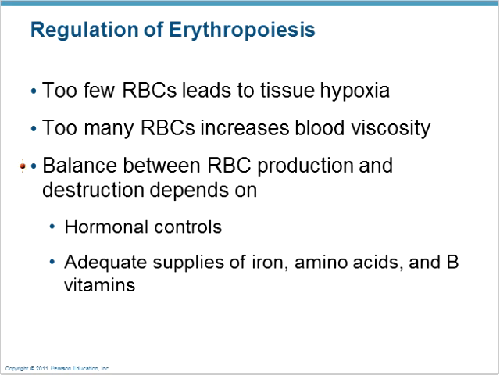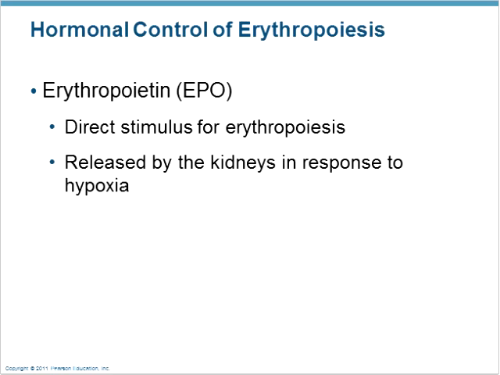So the cells have to have a normal dynamic process that allows them to live and die in a special sequence. That's done by hormonal controls and adequate supplies of iron, amino acids, and B vitamins. Hormonal control of erythropoiesis is managed by erythropoietin, which is released by the kidneys in response to hypoxia.